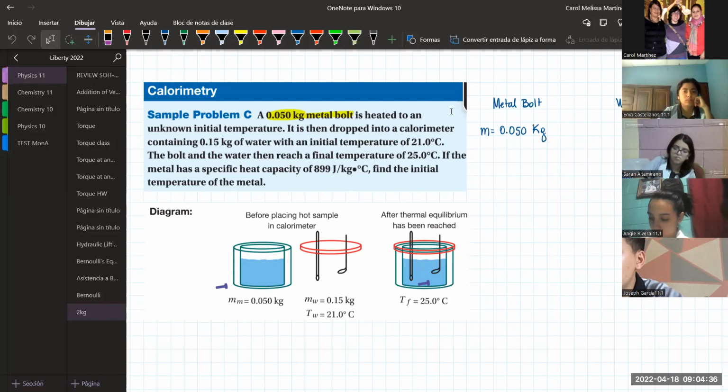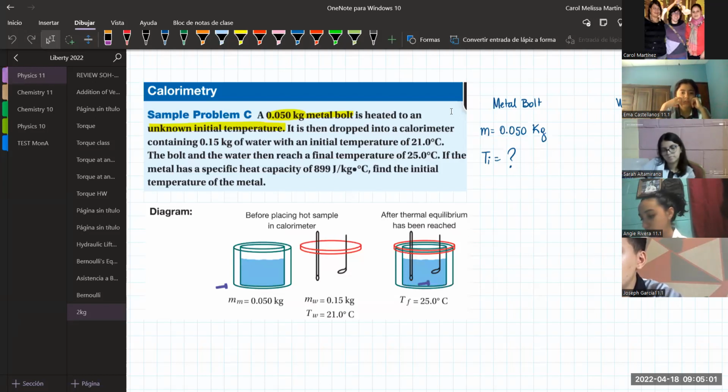It's heated to an unknown initial temperature. The problem is telling me already that the initial temperature of the bolt, we don't know it. It's unknown.